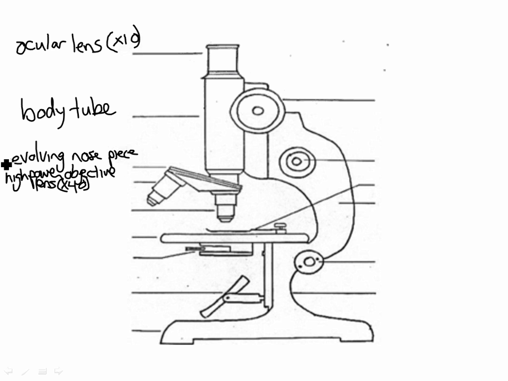This one to me looks a little shorter, so this would be a lower power. It could be the low one, the shortest one, or it could be the medium. I'll just put low power objective lens, and if it is the low power, ×4. We'll talk about how they get together to give us our magnification.